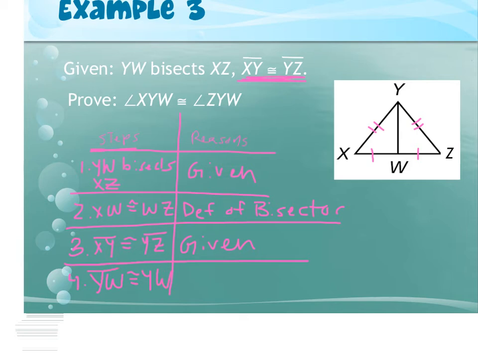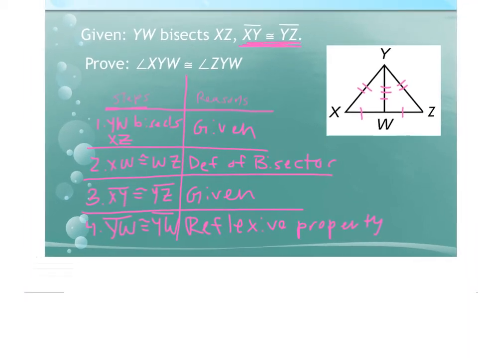And why do we know that those 2 segments are congruent? Reflexive property. And that can also be determined for SSS. Right? Yep, so now we have 3 pairs of congruent sides. So can we determine that these 2 triangles are congruent? Yes.